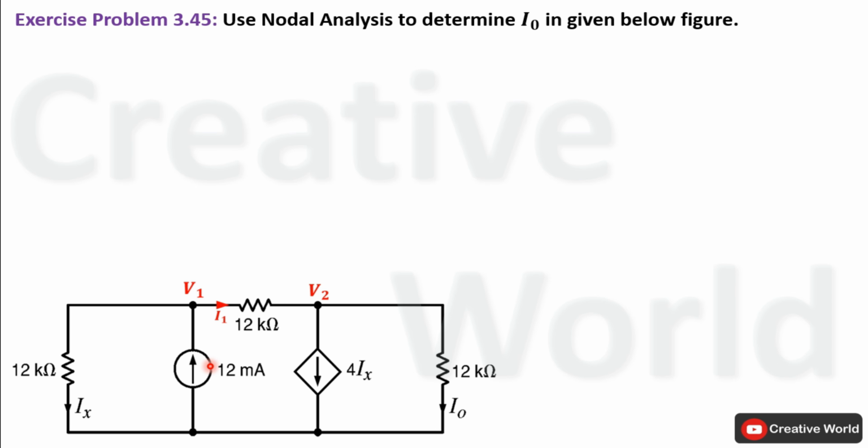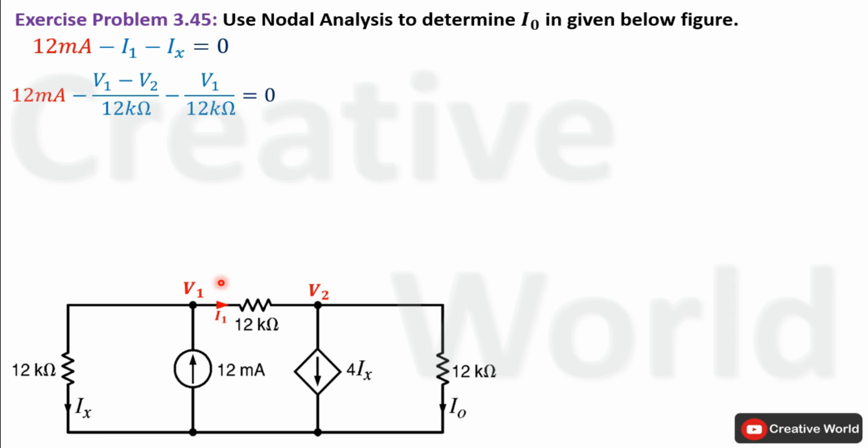On this node, only one current is entering, 12 milliampere, while leaving currents are I1 and Ix. Entering current is taken with positive sign, while leaving currents are taken with negative sign. In next step, we have to replace these two currents with their respective equations. Current I1 will be equal to the potential difference of these two node voltages divided by the value of resistance.